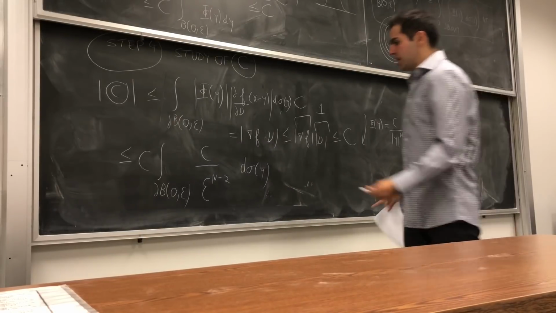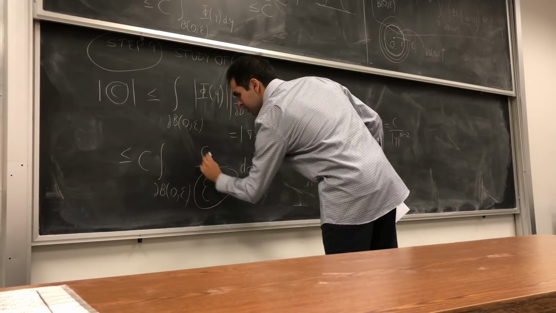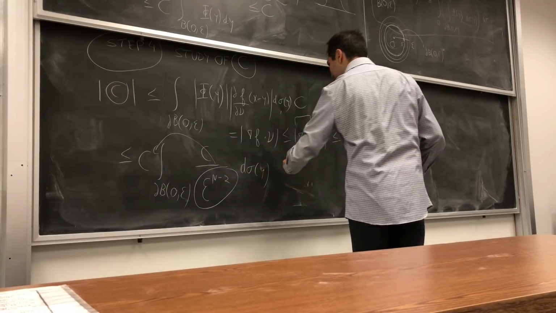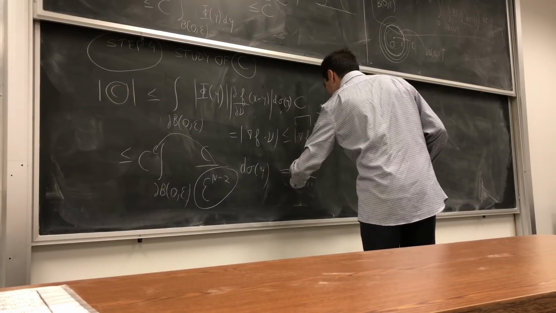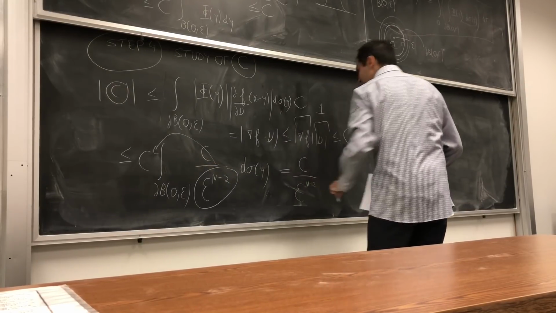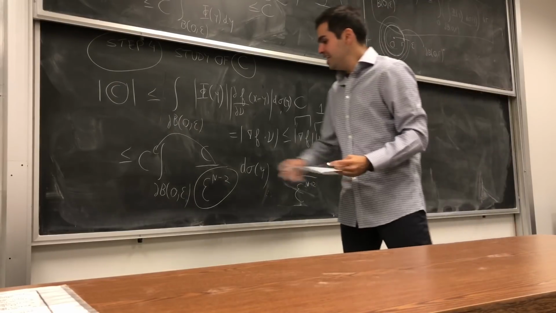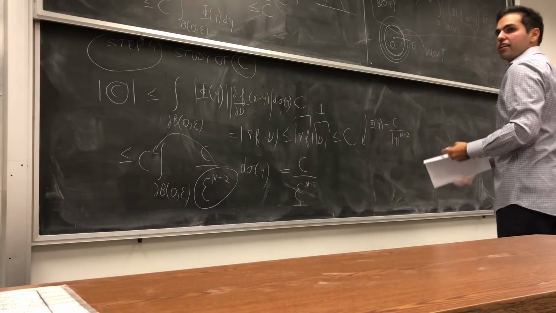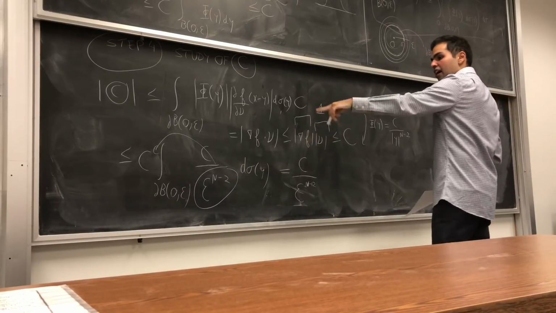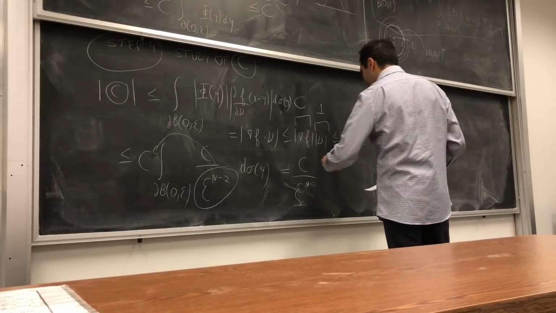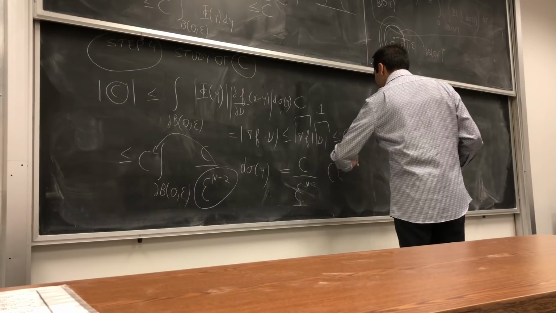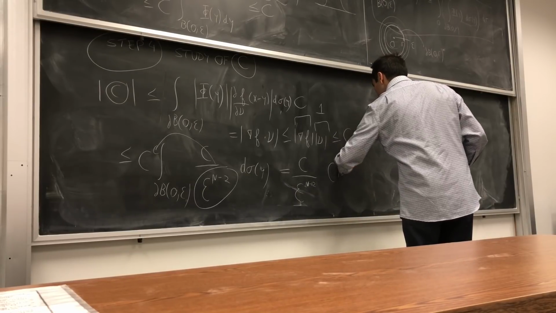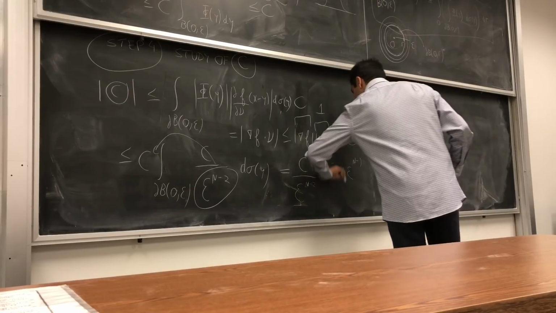And then you can pull all the constants out. You get c times epsilon to the n minus 2 times the integral of 1, which becomes the surface area of the ball, which is c times n epsilon to the n minus 1.